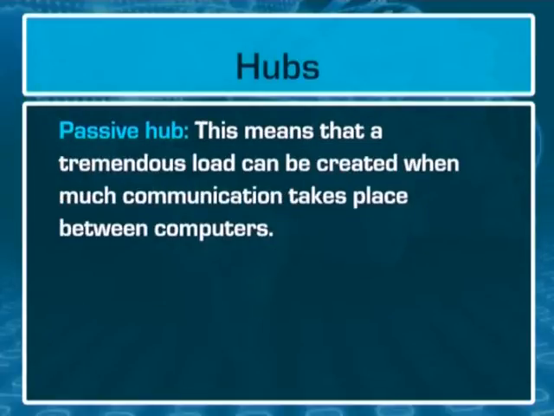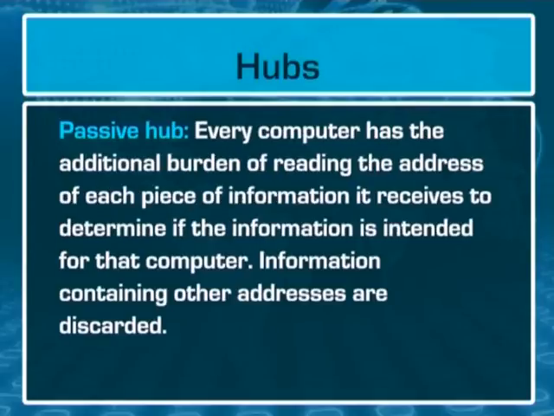This means that a tremendous load can be created when much communication takes place between computers. Every computer has the additional burden of reading the address of each piece of information it receives to determine if the information is intended for that computer. Information containing addresses of others is discarded.